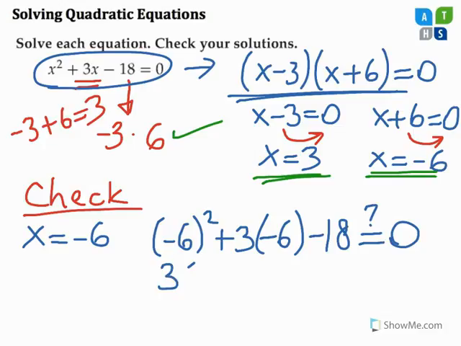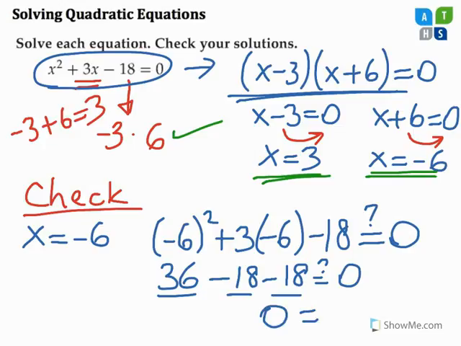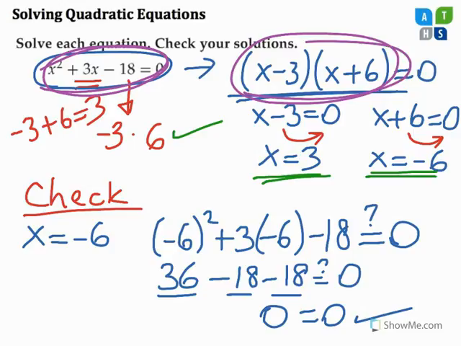Minus 6 squared is 36. 3 times minus 6 is minus 18. Minus 18. So you see, 36 minus 18 is 18. 18 minus 18 is 0. So I have 0 equals 0, which says that my answer is correct. So you can check your answer either in the original equation given or in the factored form that you have just found.